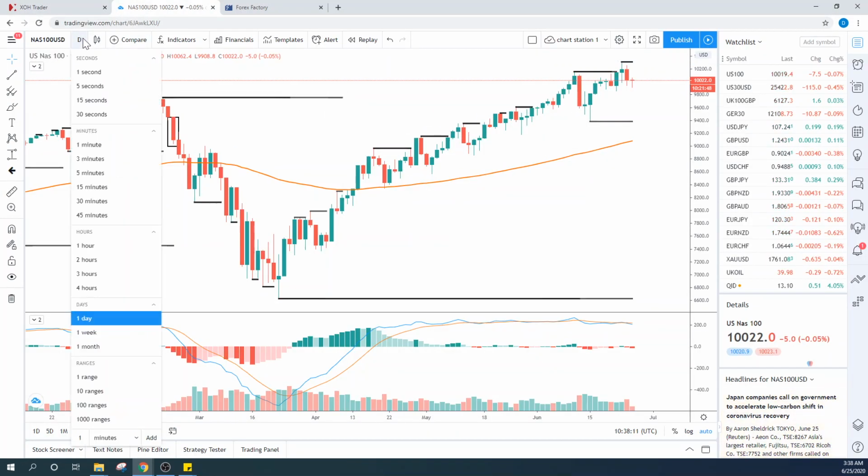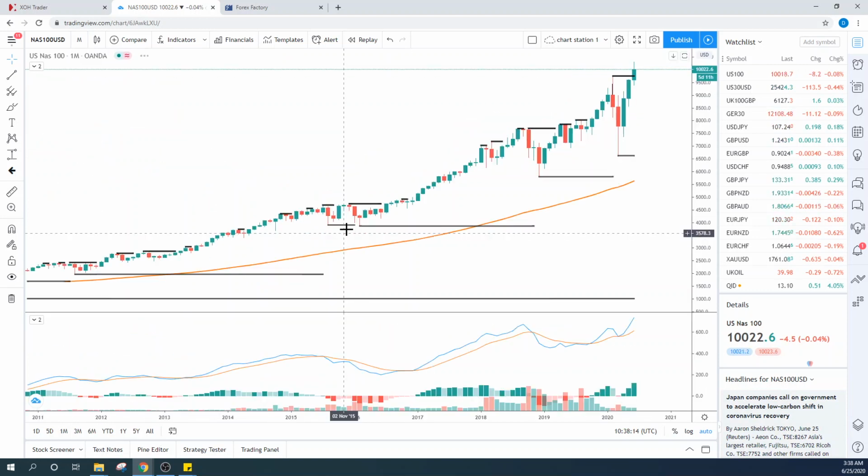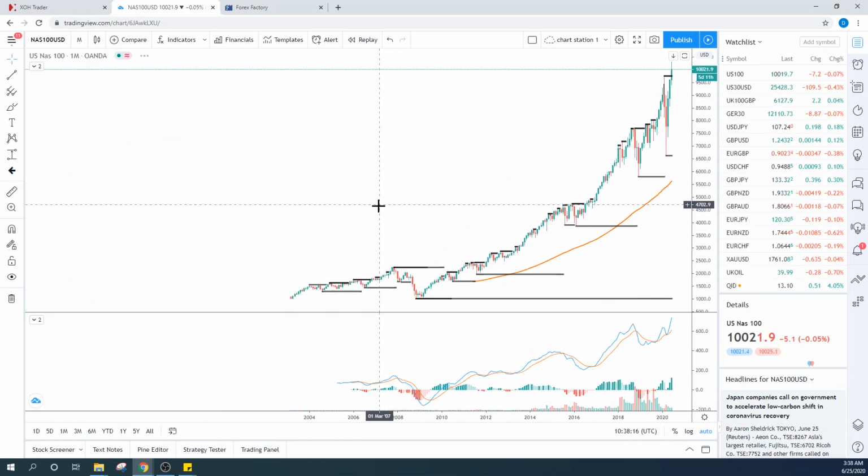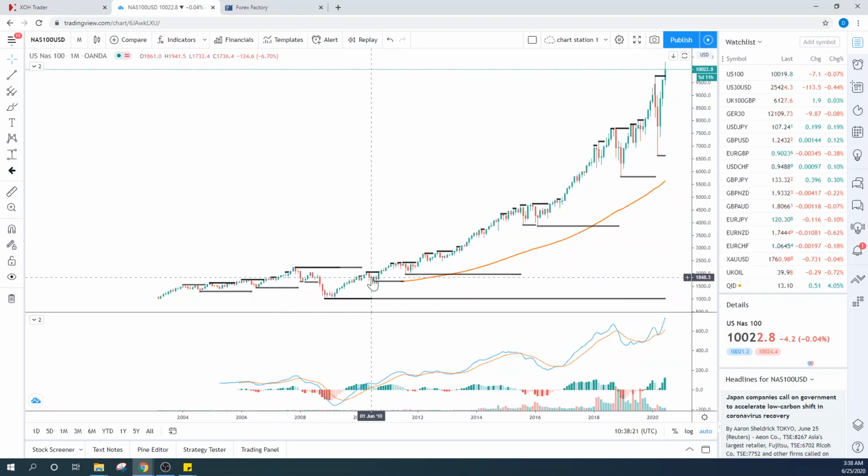So a short preview about the Nasdaq: how it reacts to crisis and post-crisis periods. If you look at Nasdaq during the nearest crisis, which we had in 2007 to 2009, the Nasdaq crash and decline was more than 50%.